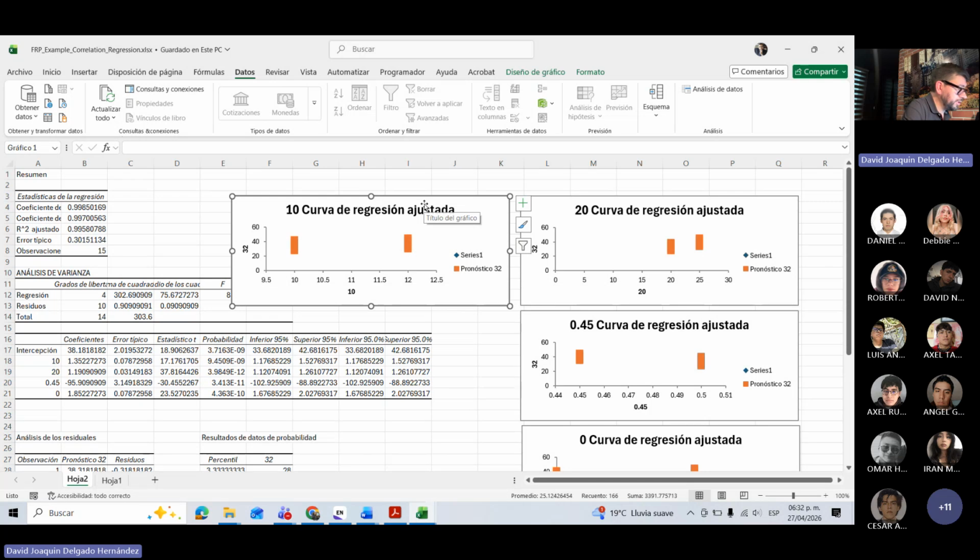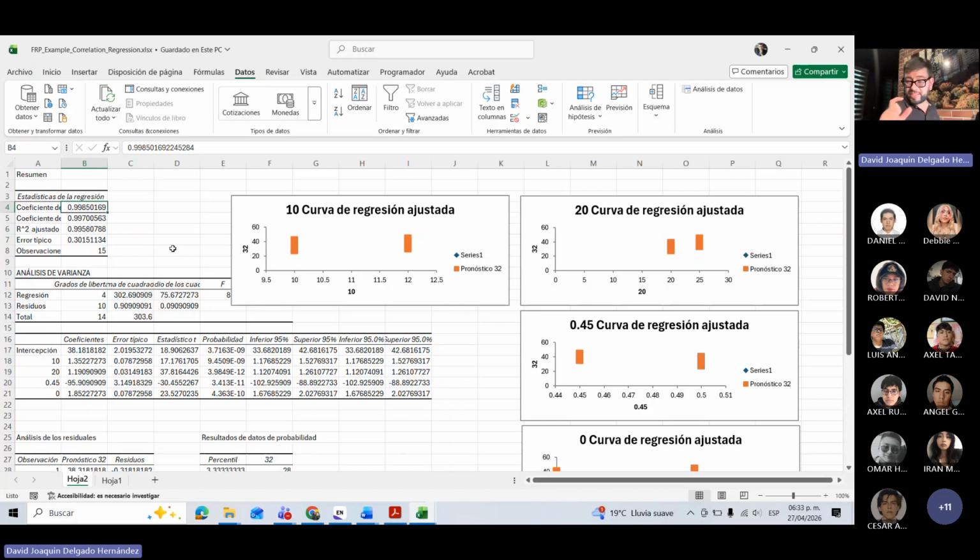So what you should look at here is the correlation coefficient, which is 0.99, which is very close to 1. So that means that this is a very good model. It is very correlated, okay? It's a very good model.